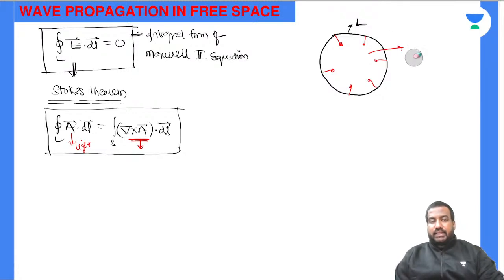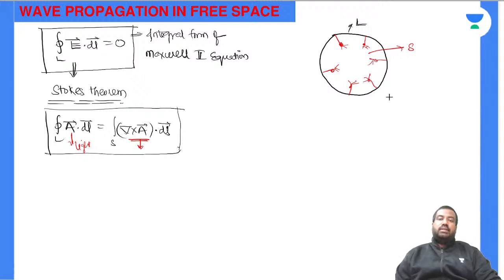Complete area is s. The amount of light that is circulated in this area is equal to the amount of light that you kept on the rope that is encircling the area. Clear? That is Stokes theorem, which relates closed loop and surface.